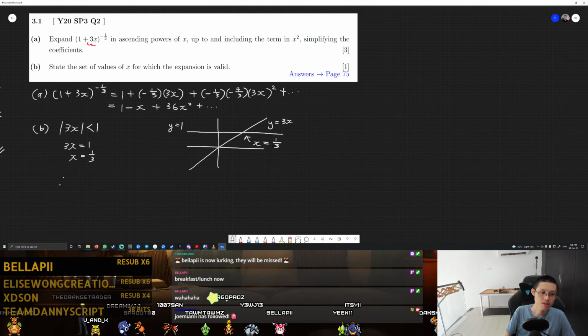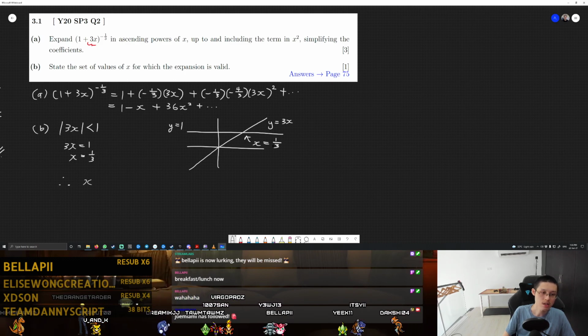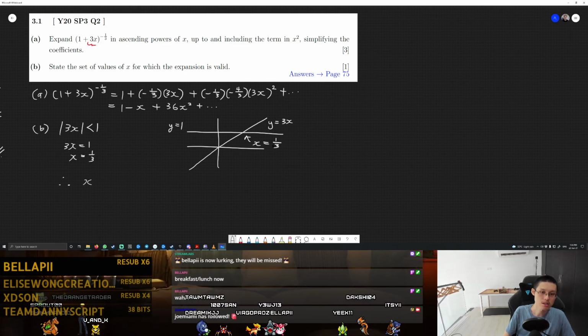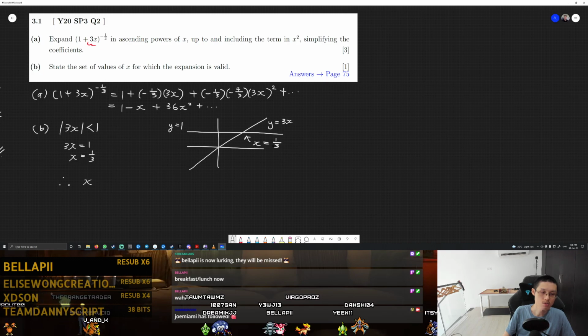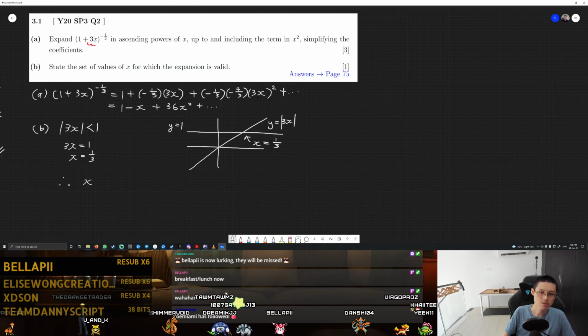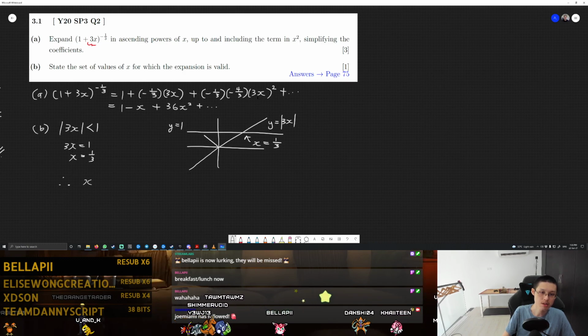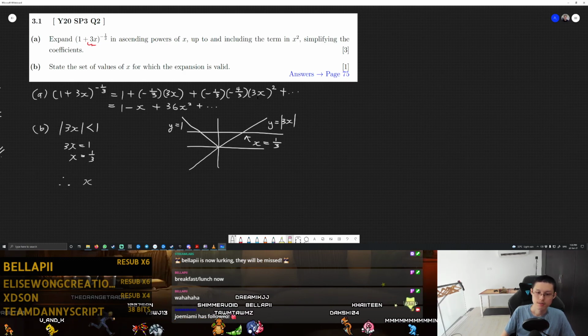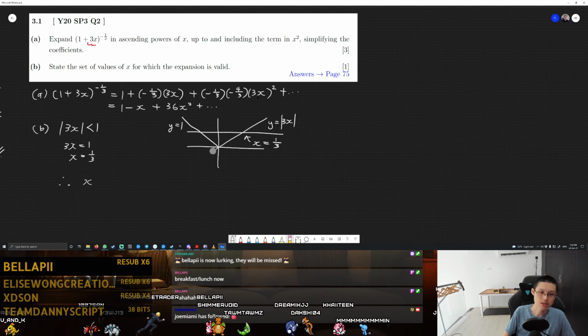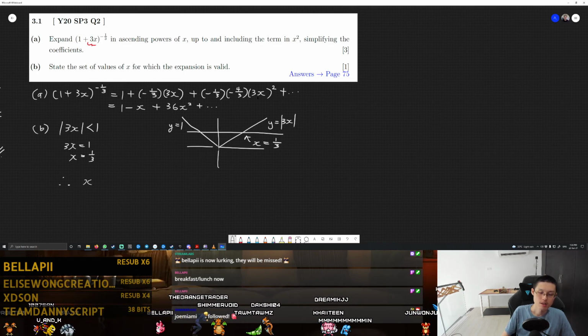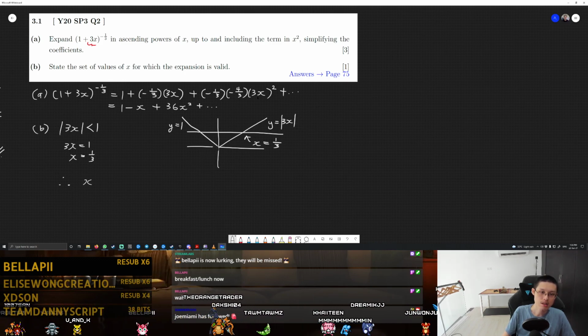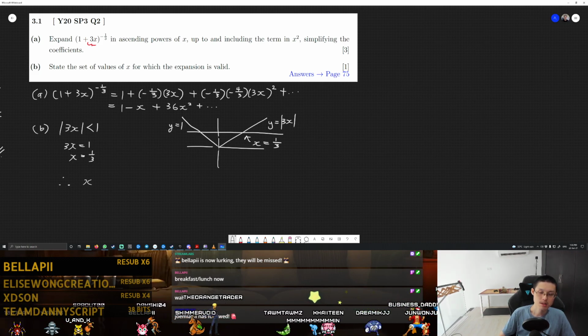Therefore, you're only interested in the values of x where it is... oh, wait a minute, I forgot. You need to put modulus of x, which means you're actually reflecting this up here, like so. I forgot to put the modulus there. My bad. Which means you're only interested in the points between these two extremes.